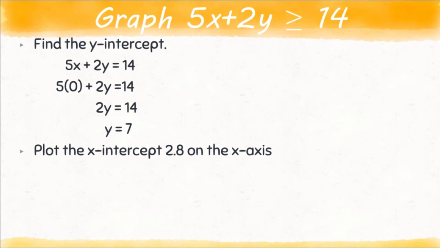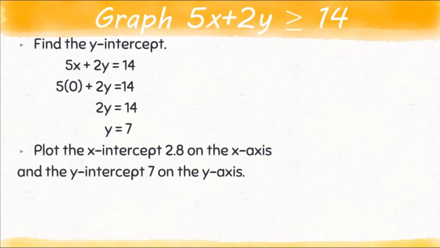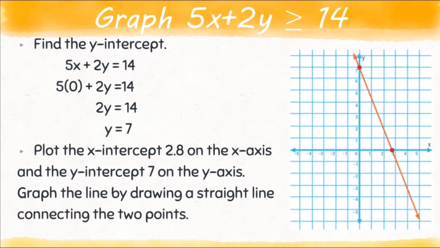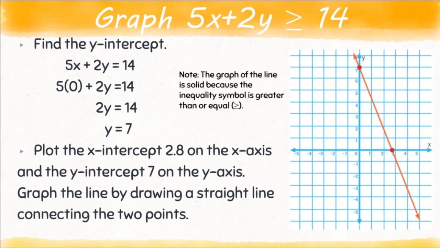Plot the x-intercept 2.8 on the x-axis and the y-intercept 7 on the y-axis. Graph the line by drawing a straight line connecting the two points. So this is our graph. Note, the graph of the line is solid because the inequality symbol is greater than or equal to.